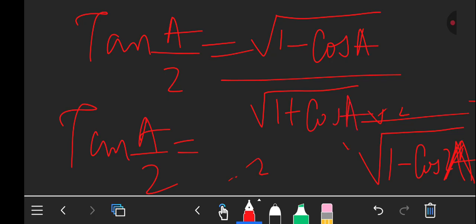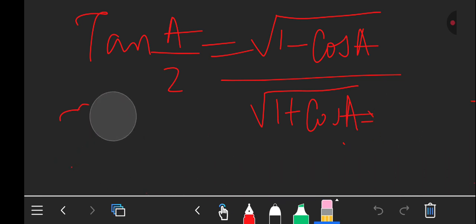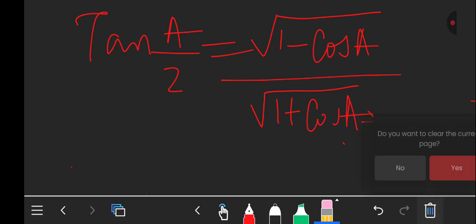So basically that is the identity for half angle of tan. As simple as that.